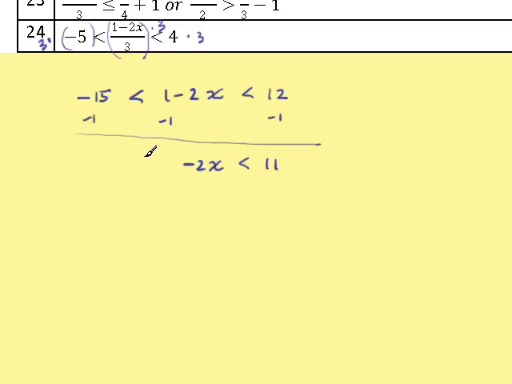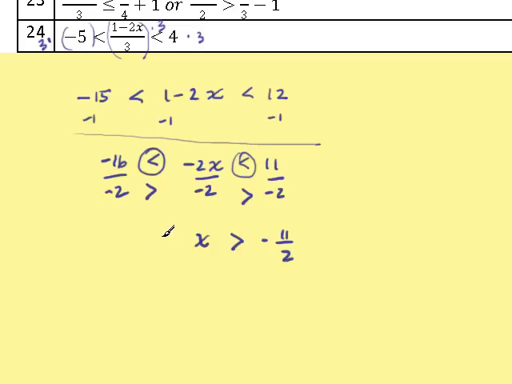Here we have 11, and here we have minus 16. And then we divide by minus 2, which will flip these around, and we get x, and here we have negative 11 over 2, and here we have 8. Okay, let's write this forwards and have it read the same way. So we have x greater than minus 11 over 2 and less than 8.